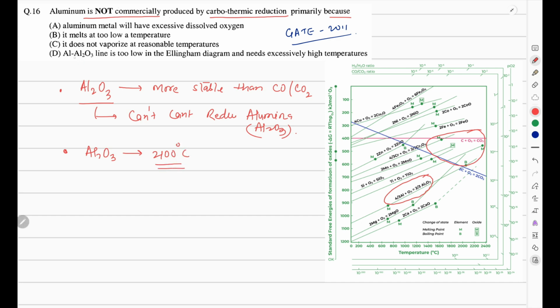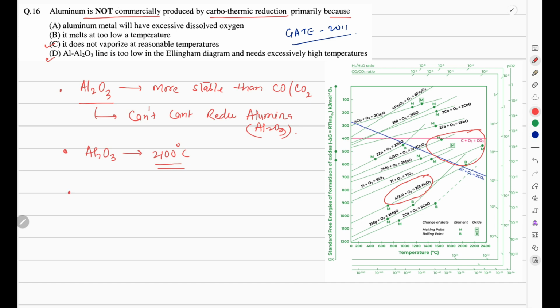The alumina line is too low in the Ellingham diagram and needs an excessively high temperature. So option E is true here. Option C is also true because it does not vaporize at reasonable temperature.